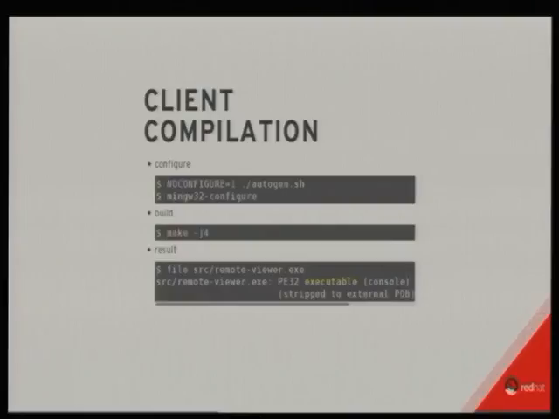And so how do we compile the client? This is what I was saying. It's very easy. If it's from Git, first we need to run autogen.sh and make sure it's not going to run configure. These days, on many projects, you can also use just autoreconf rather than a script, and you are done.